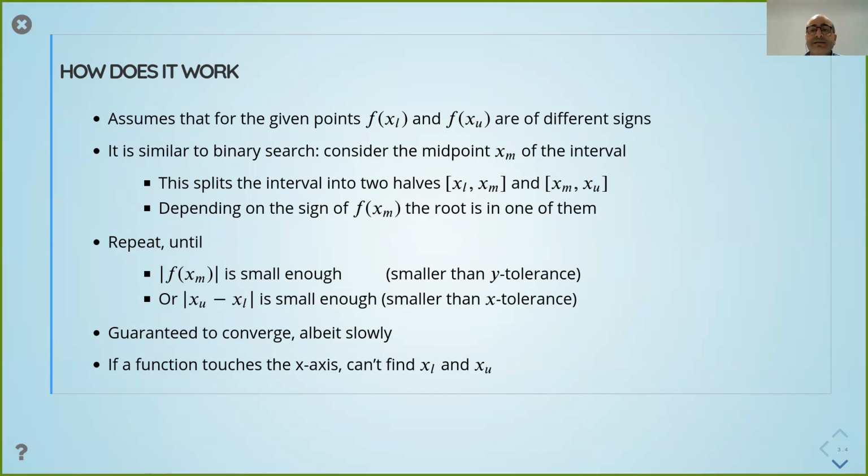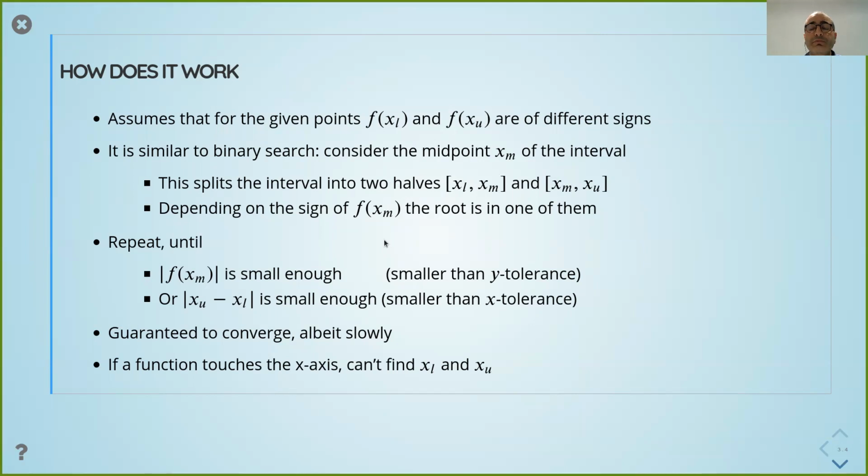This is the place where we say we did find what we're looking for up to a certain tolerance. If not, we throw away either the right interval or the left interval, and we repeat. So this is the iterative procedure. You can think about it as a recursive implementation as well, where we aim for the middle element. Depending on the sign, we either look to the left or to the right.